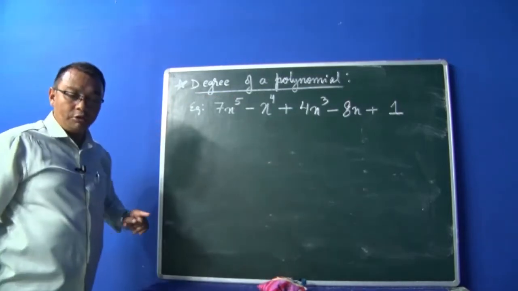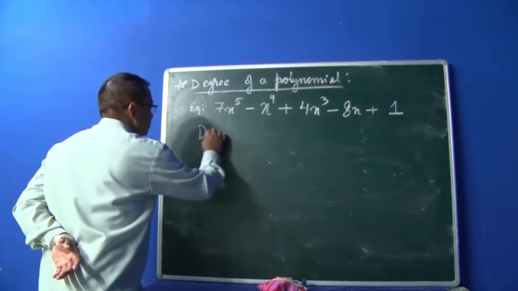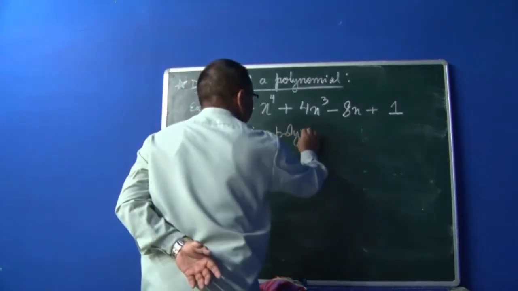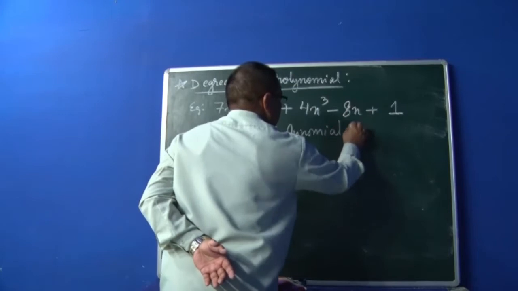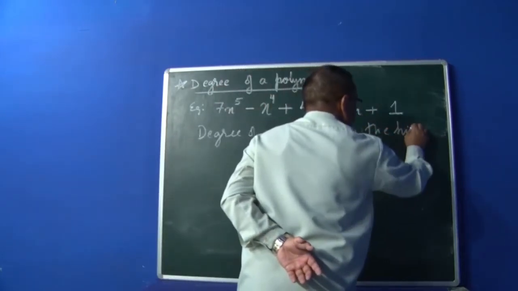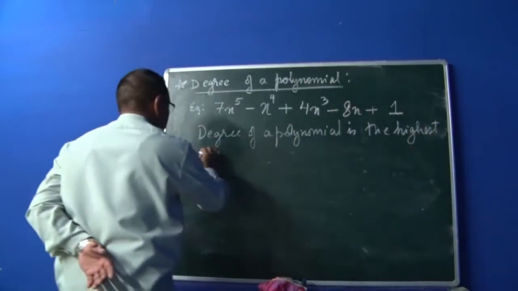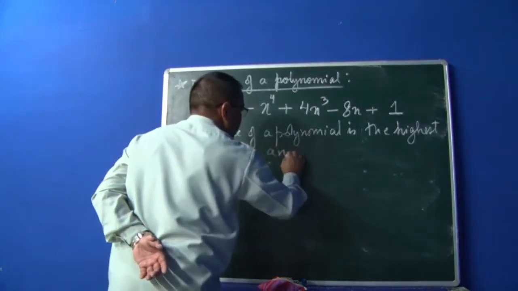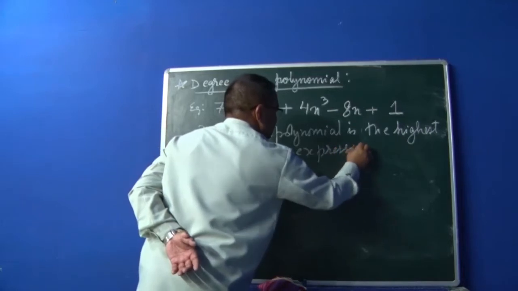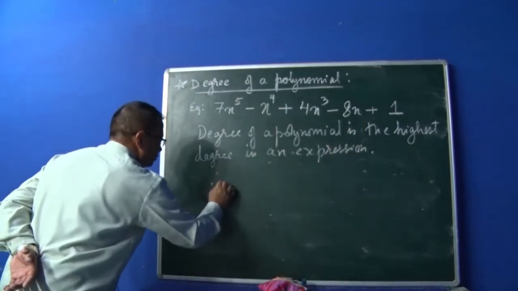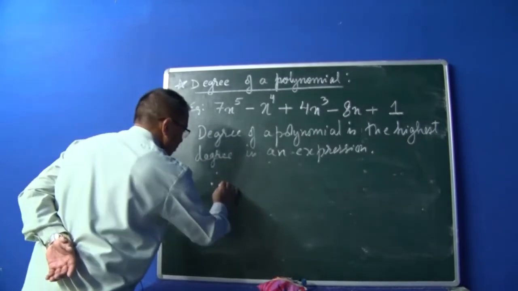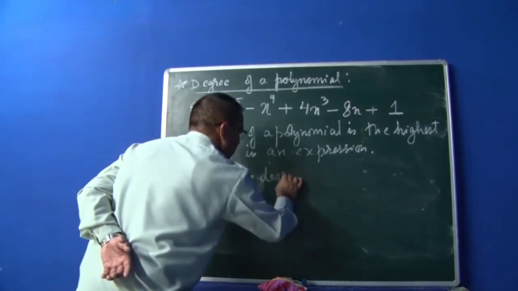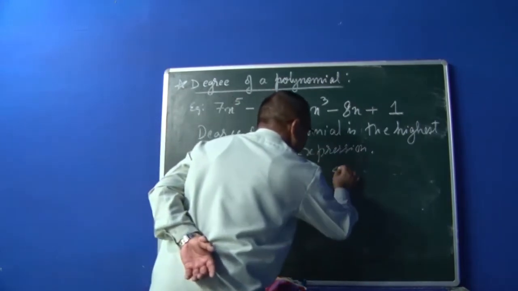So the degree of a polynomial is the highest degree in the expression. Therefore, the degree is 5.